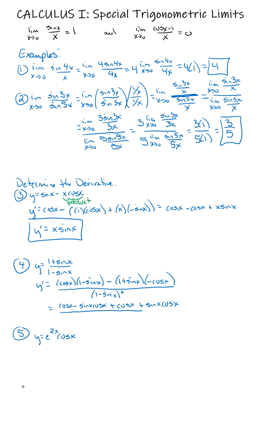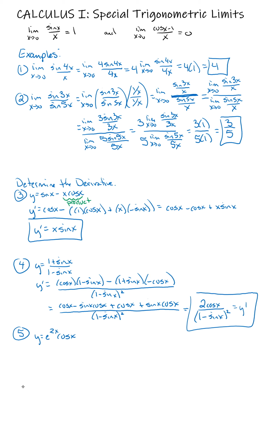In the denominator, we have 1 minus sine x quantity squared still, and you can see now we've got a couple things in the numerator that will combine, and in one case they end up giving us 0. So combining things in the numerator, we end up with 2 cosine x over 1 minus sine x quantity squared, and that is y prime.